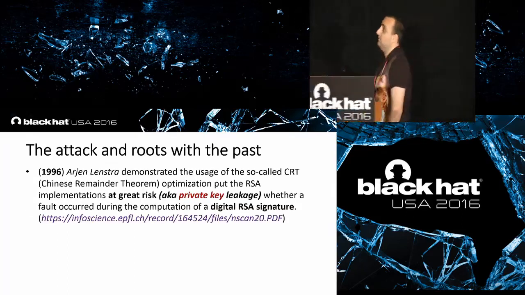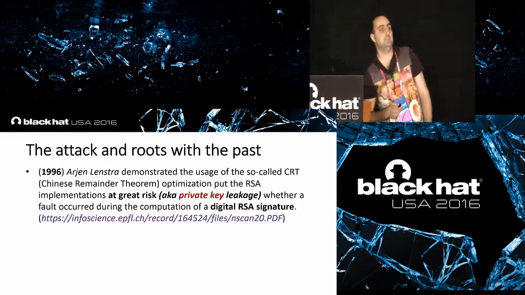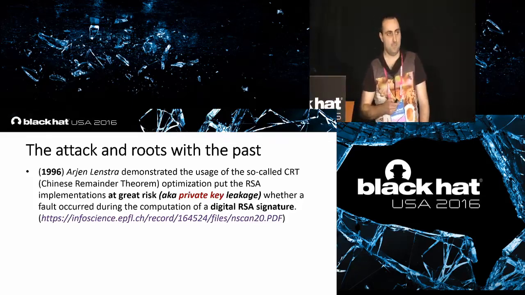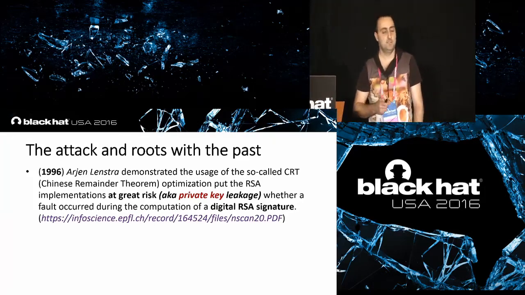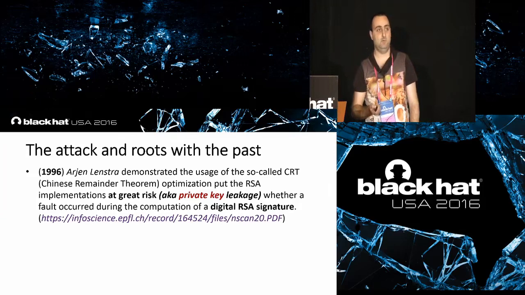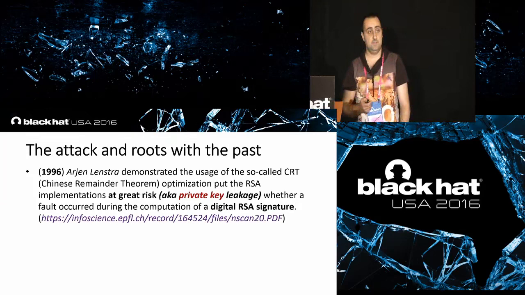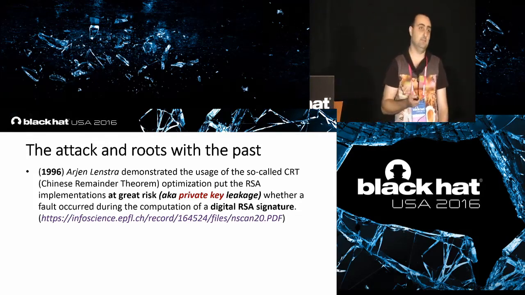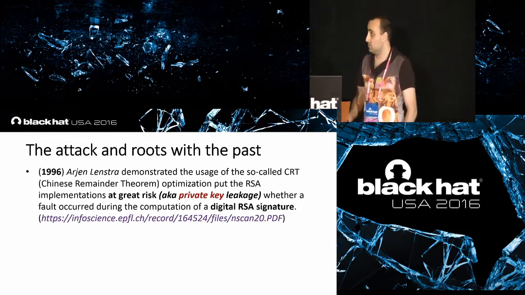So, let's start from a historical introduction about the problem. Exactly 20 years ago, Arjen Lenstra wrote a theoretical memo warning that when RSA CRT is used for the calculation of a digital signature and a hardware fault takes place during the computation of the signature, this condition can trigger a series of events leading to the private key leakage.